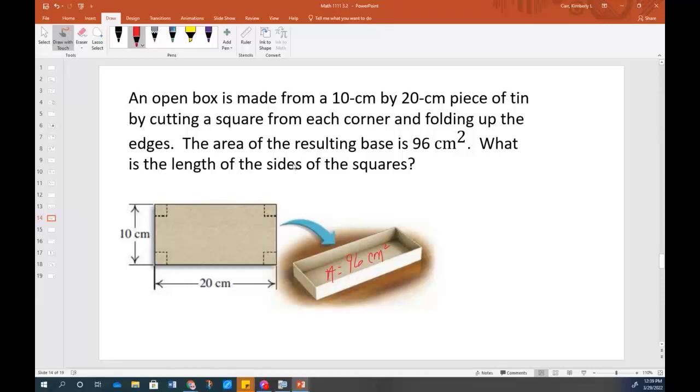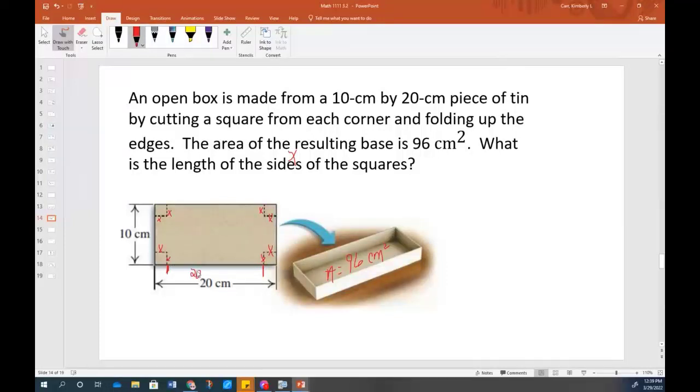Well, the length of the sides of the square, since that's what we're trying to find, that's going to be x. So I'm going to go back over here and put an x. But since they're square, every one of those is an x. They're all the same length. Now what happens is that if you look between this little cut and this little cut, the distance is no longer 20.